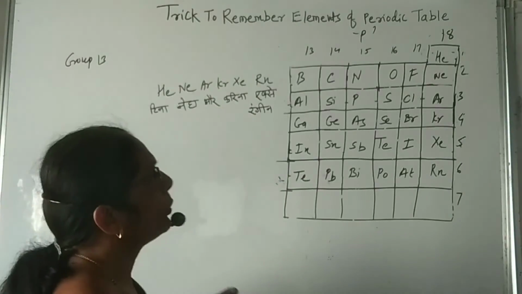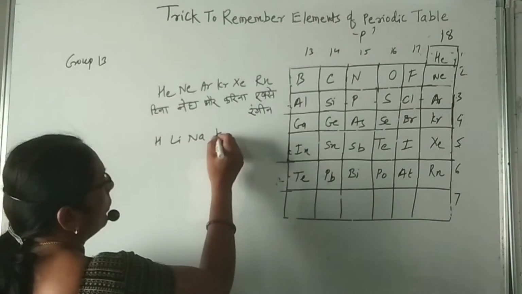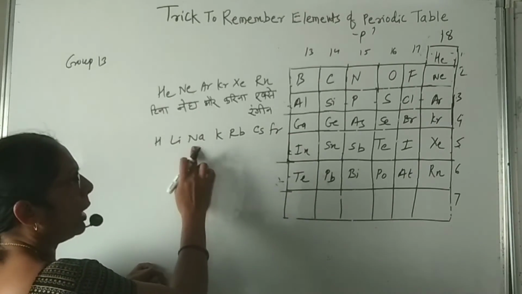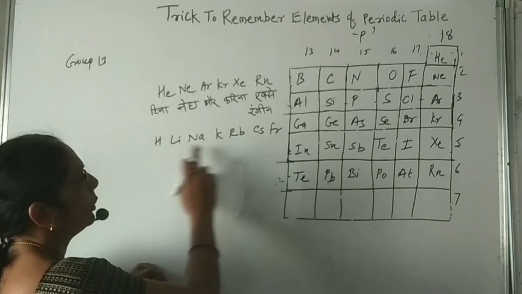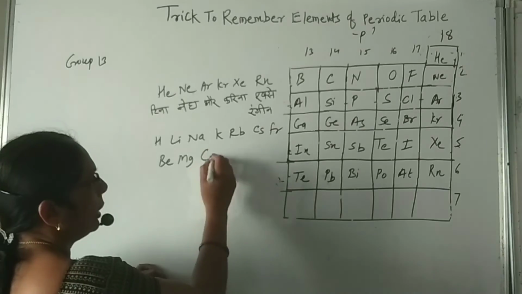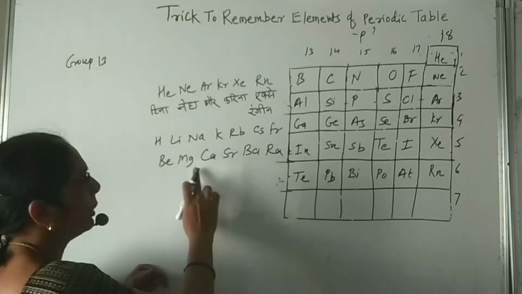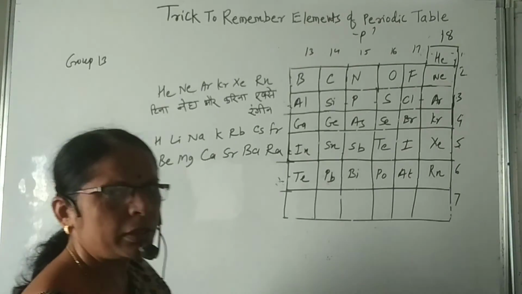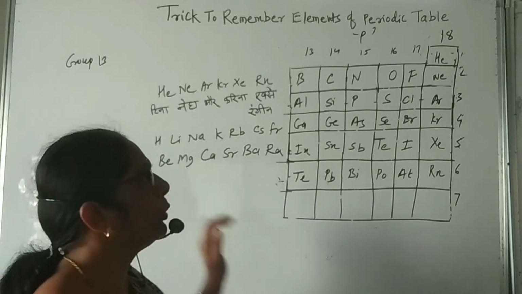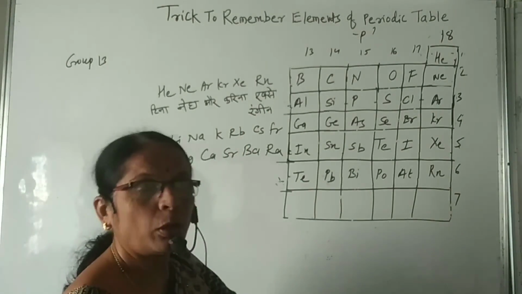I already said for group 1 and 2: Helena ki Rub se Fariyaad, and Beta Mange Kala Shirt Baap Raji. So in this way, by remembering these simple mnemonic words, it's possible to remember groups 1 and 2 from the S block and groups 13 to 18 of the P block elements.